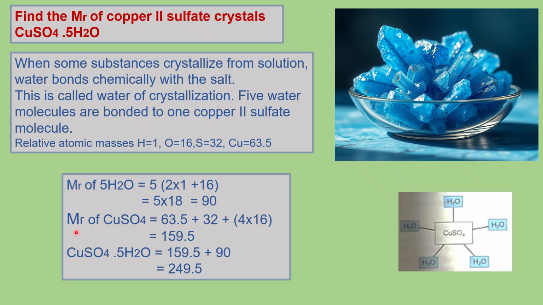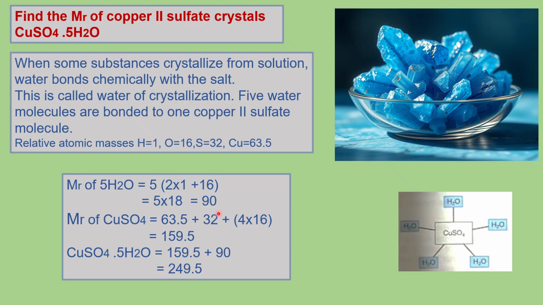Then you find the relative molecular mass of copper sulfate. It is 63.5, this is copper, plus 32 sulfur, plus 4 times 16 because you have 4 oxygen atoms. Do the multiplication first, then add to 32 plus 63.5, and the answer is 159.5.